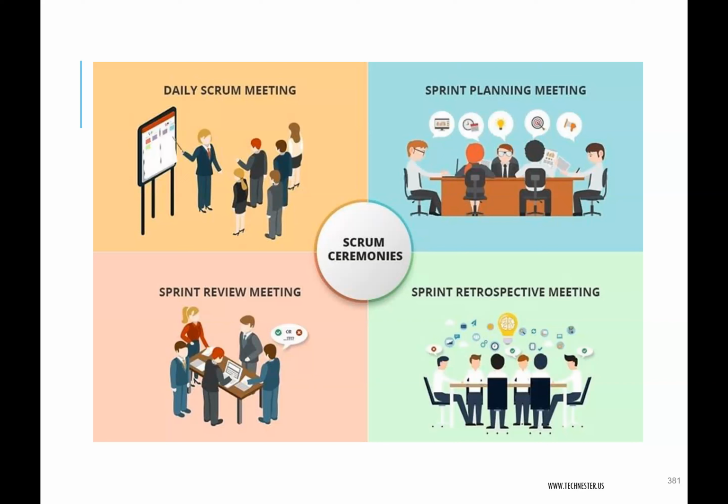Okay. So in your sprint review, the developers present what they have done to the product owner for his approval. Sprint review is supposed to happen towards the end of the sprint, either the second to the last day or the last day of a sprint.